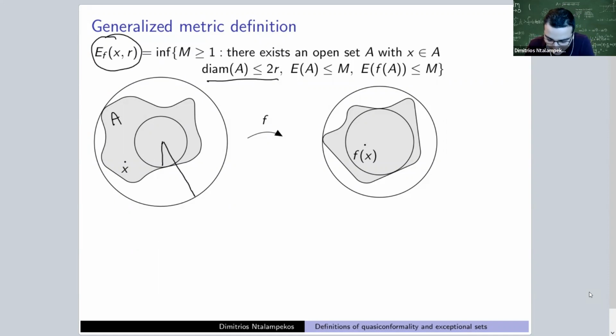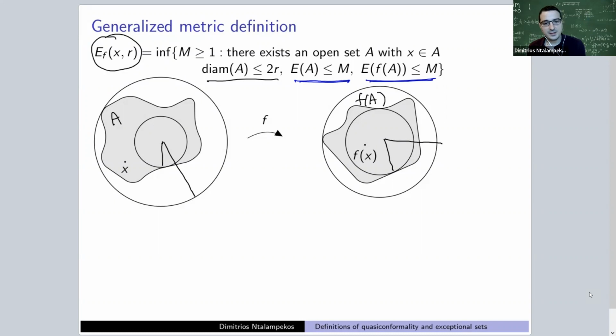And we do the same for the image. So we take f of A, that's going to be another open set. It contains f of x, and we compute the eccentricity. So the eccentric distortion will be the smallest value m so that the eccentricity is bounded by m, both in the domain and the range.